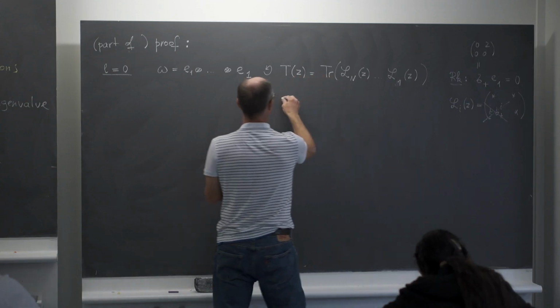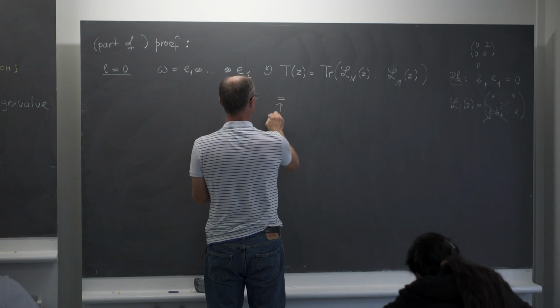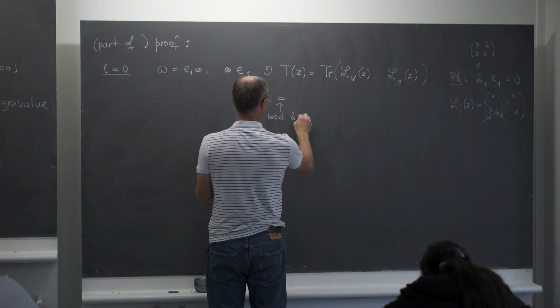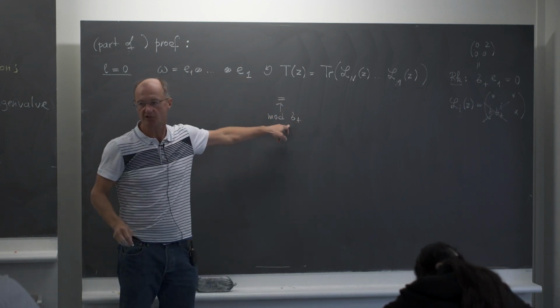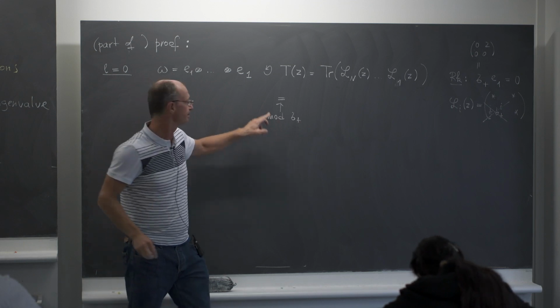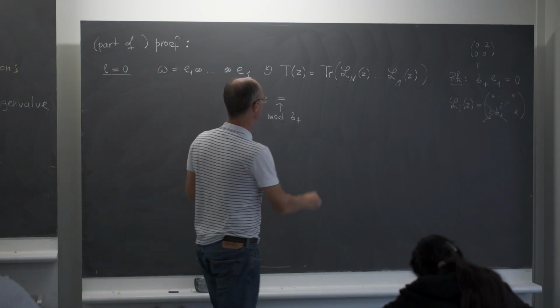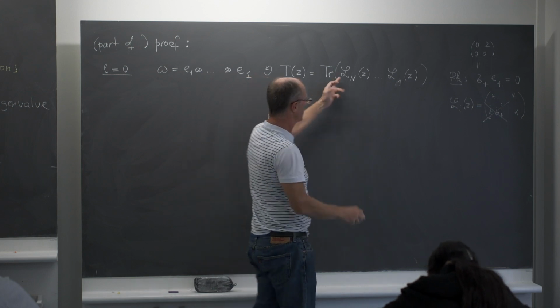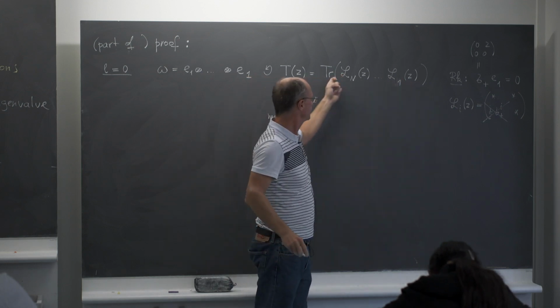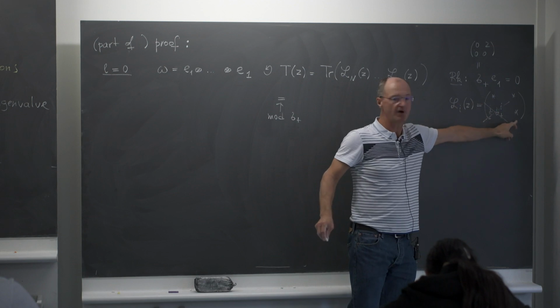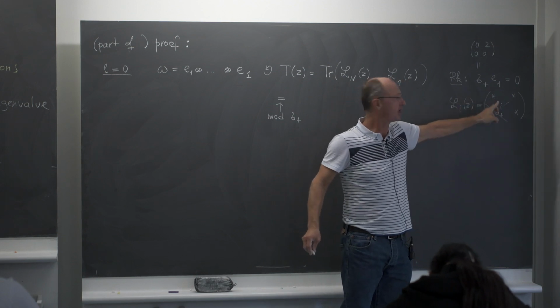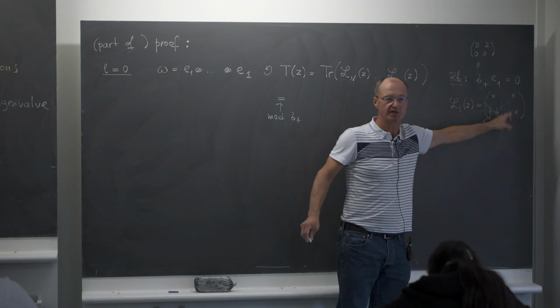So let me write it in the following, maybe not completely correct way. Mod sigma plus, so I'm not allowed to use sigma plus anywhere, this thing is equal to a trace of a product of upper triangular matrices. So I should simply multiply their diagonal entries.